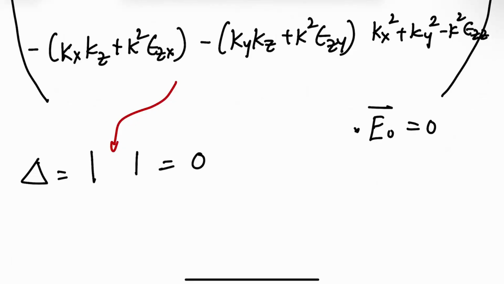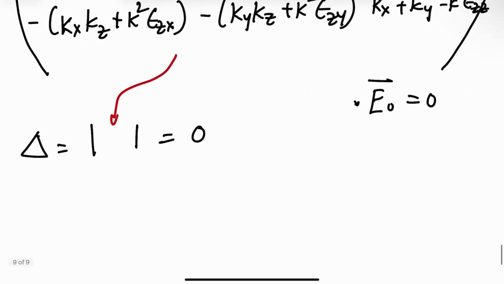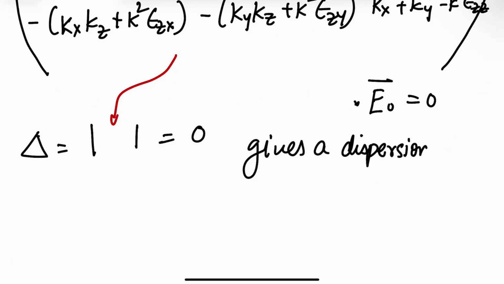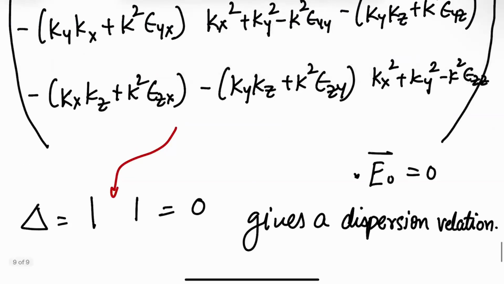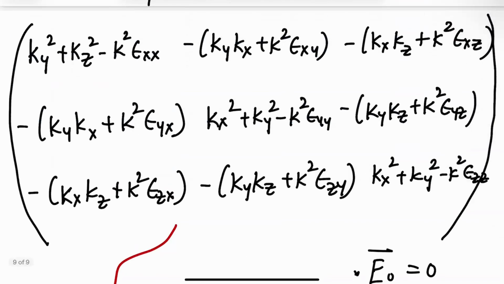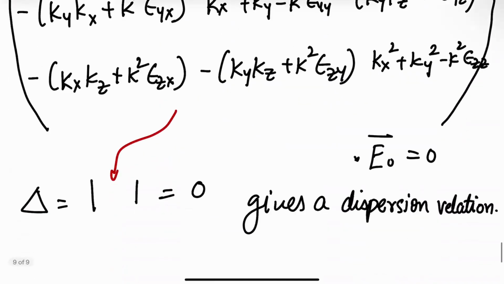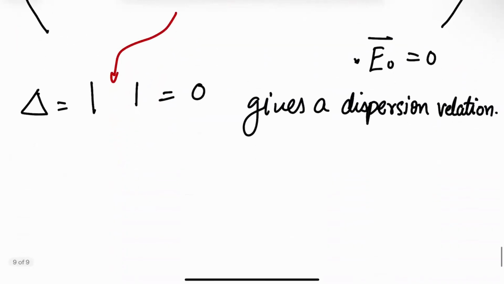Okay. So essentially, if you do that, this gives a dispersion relation. Right? Because this is just a relationship between kx, ky, kz, and k, along with epsilons in there. Similar to what we had for the simple case, which was kx squared plus ky squared plus kz squared equal to k squared.